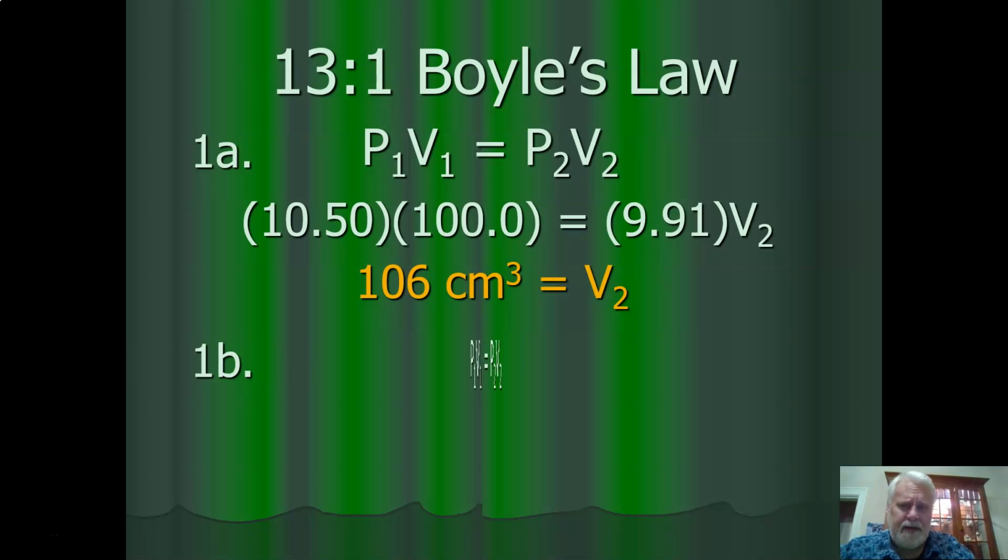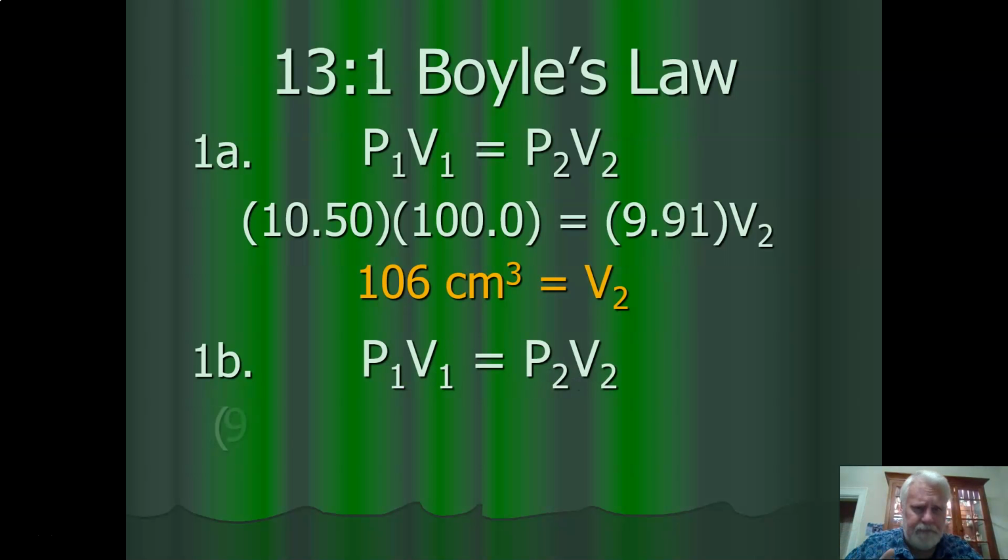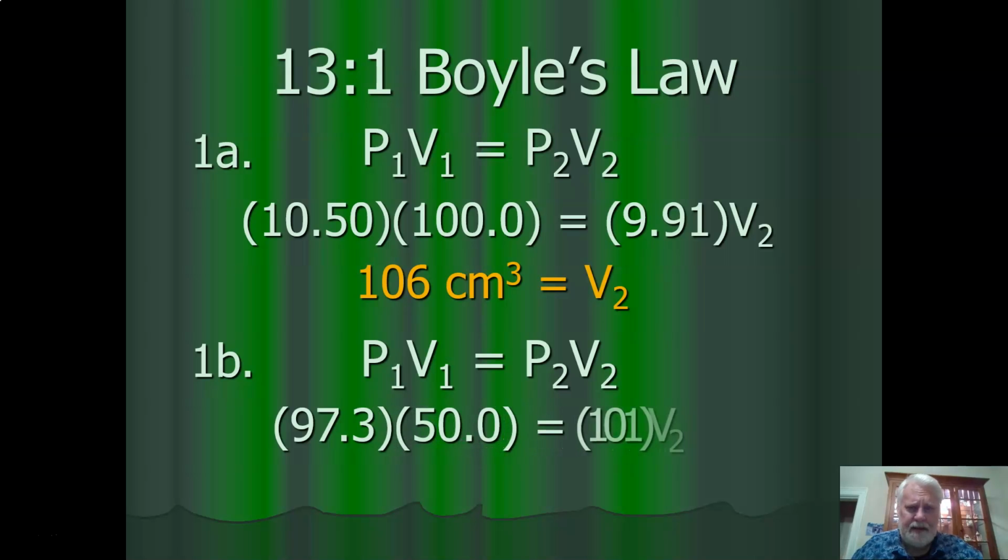Okay, and then 1B is the same thing. You write the equation, and with this one, your initial pressure was 97.3, initial volume was 50, and then you changed the pressure to 101, so you increased the pressure.